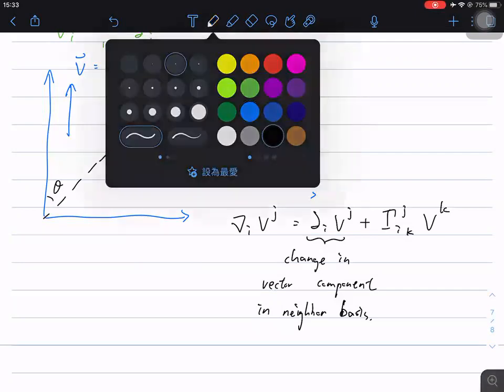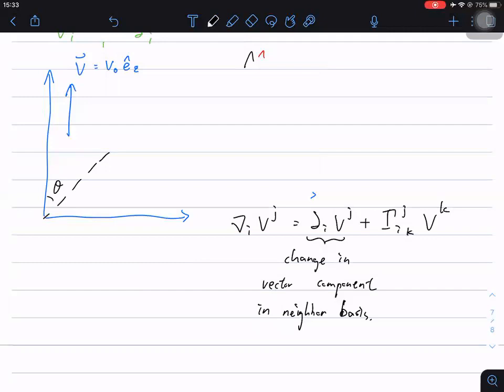But if we use spherical coordinates or polar coordinates to view it, let's say the black arrows here are the coordinates for r and theta.